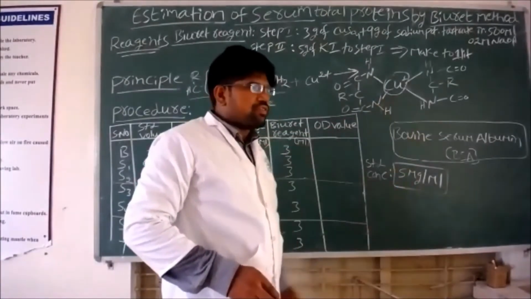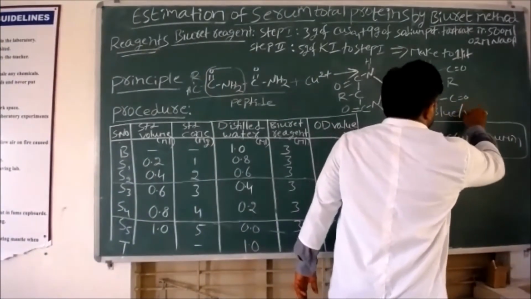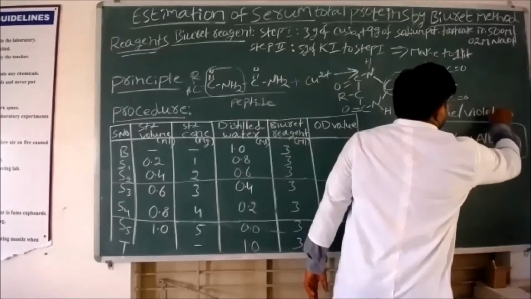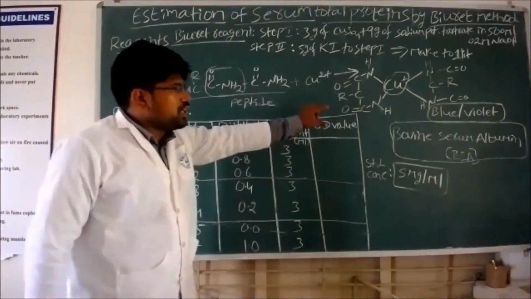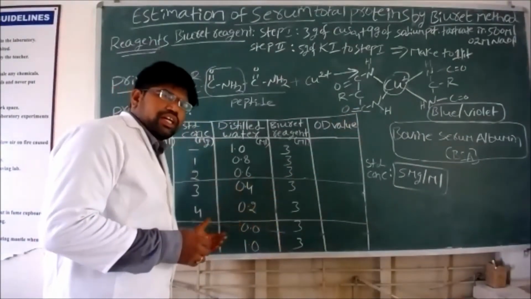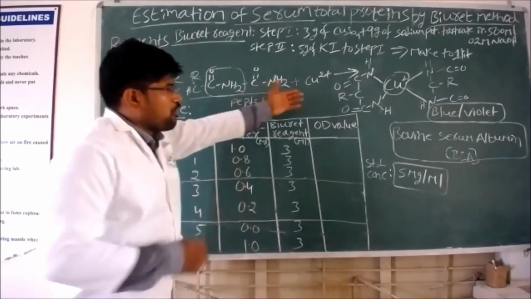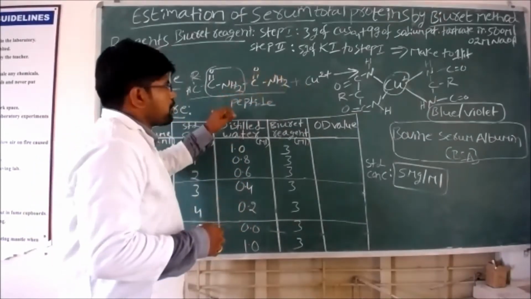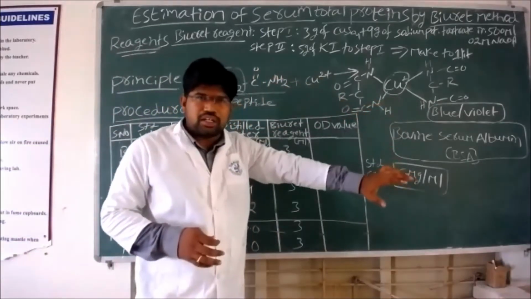Generally, this complex will be blue or violet in color. Based on that color, we quantify the amount of protein present in the test sample, based on the intensity. Very simple: the copper present in the reagent reacts with the protein and forms a complex, which is blue or violet in color.